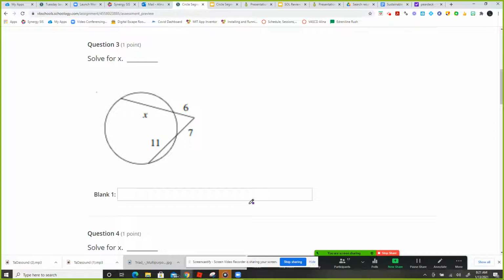Does it matter if I start with the 6 or the 7? No, it doesn't. Which one do you want to start with? Let's start with the 6. What do I multiply the 6 by? 6 plus 6.